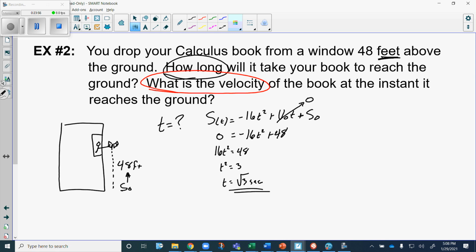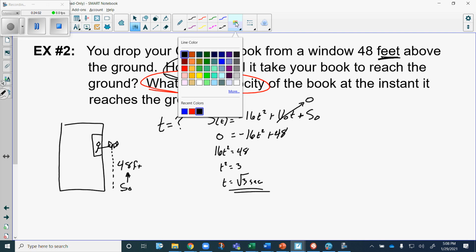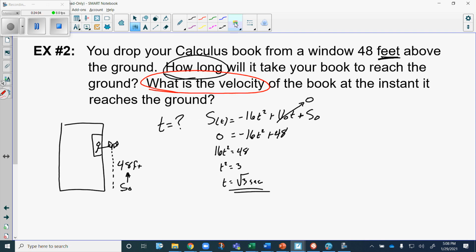So no calculus really on that one. The function itself can be pulled straight out of an Algebra 2 textbook. But what is the velocity? Now here, this is where we have to do a little bit of calculus, and it's not an integration, it's a derivative. We need to know what the velocity function is.